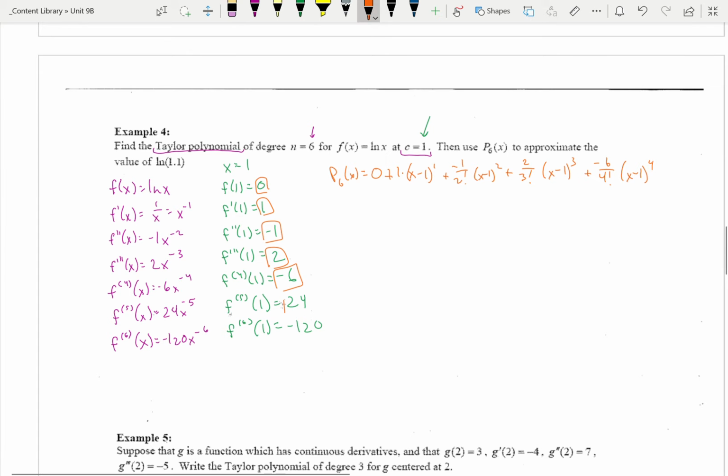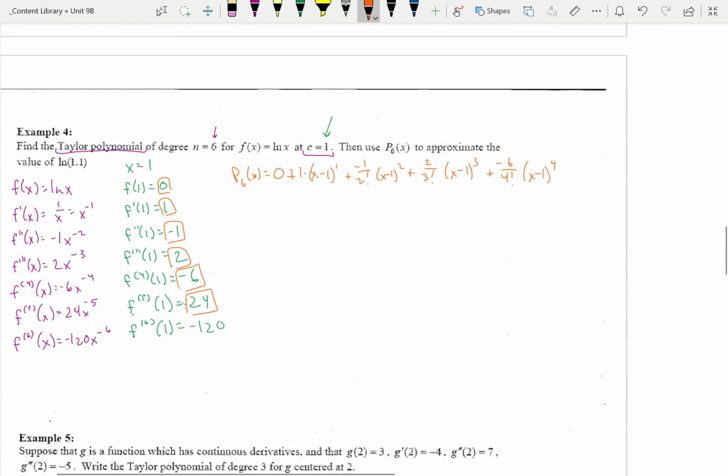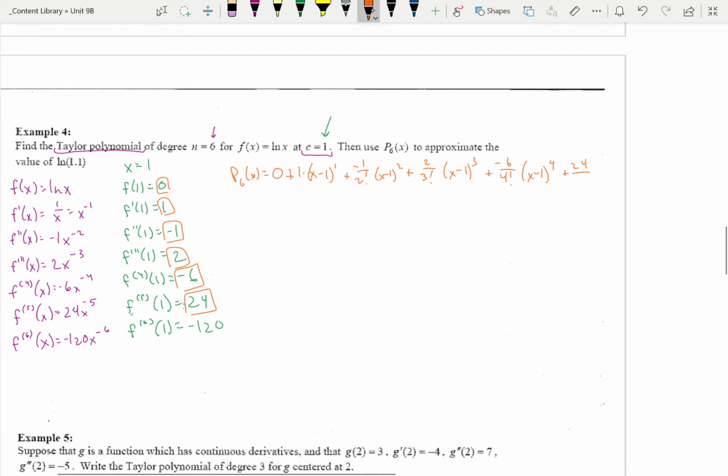And then our next coefficient is 24, so I'm going to put plus 24 over 5 factorial times x minus 1 raised to the 5th. Lastly, we have this negative 120. Let's see, positive, negative, yeah, good. So we've got a negative 120 over 6 factorial, x minus 1 raised to the 6th.